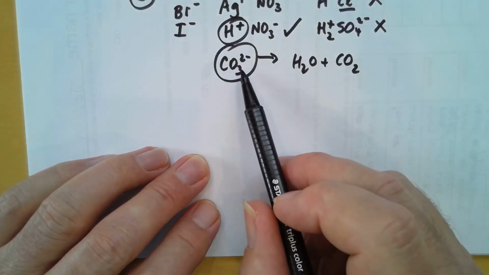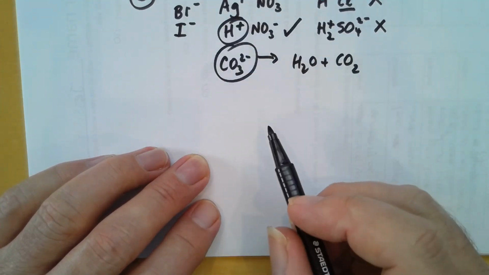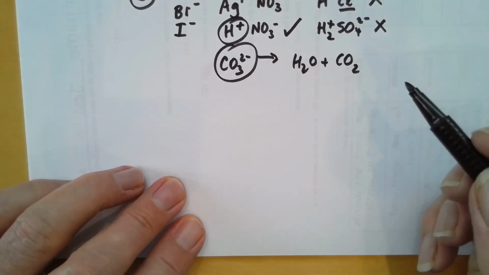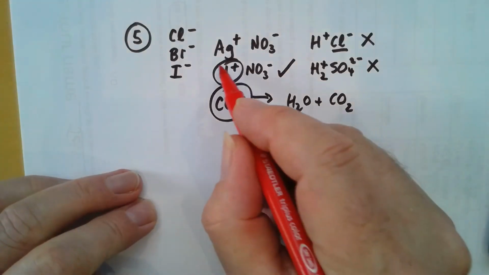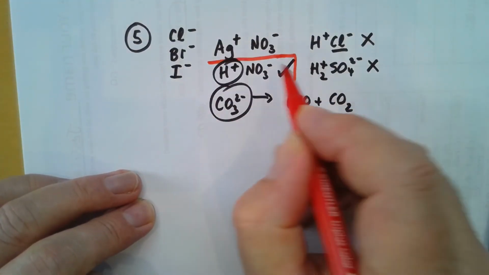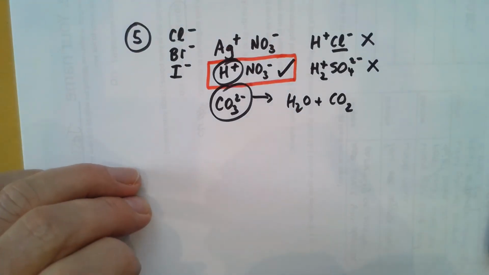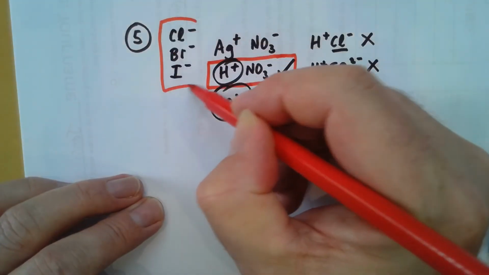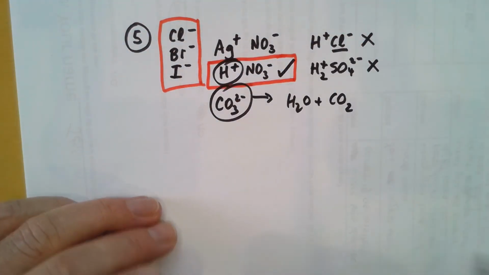If carbonate was present with the silver, we'd get a silver carbonate precipitate, and again that would interfere with our test. So we use nitric acid to acidify before we put in our silver nitrate, and that means this is a good test for these 3 halide ions.